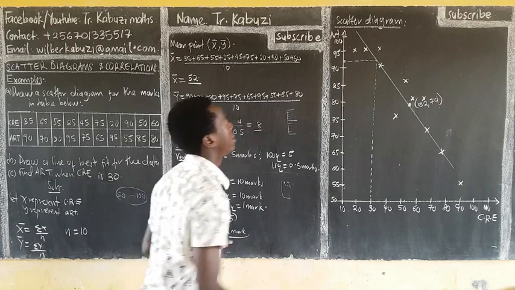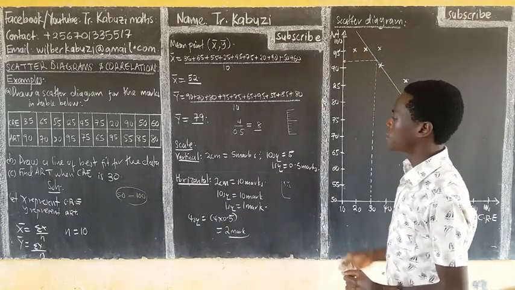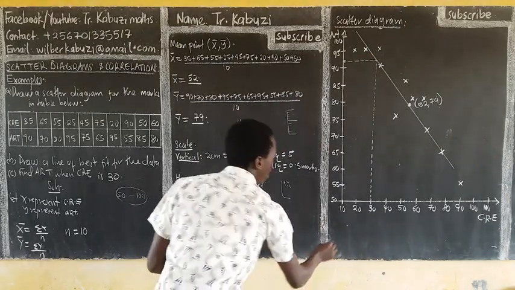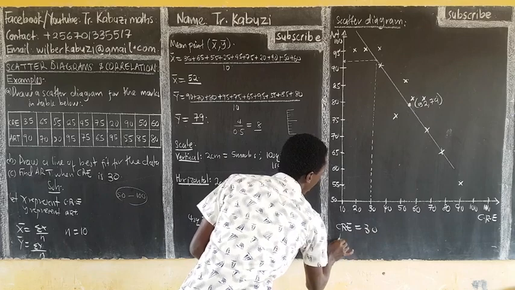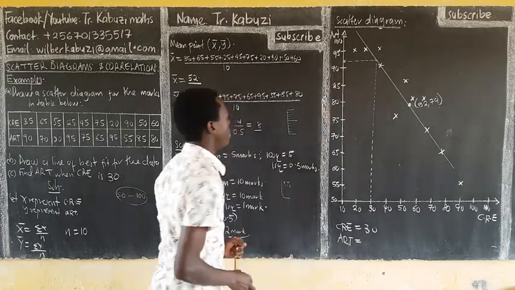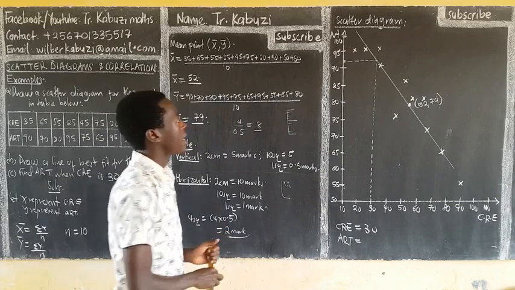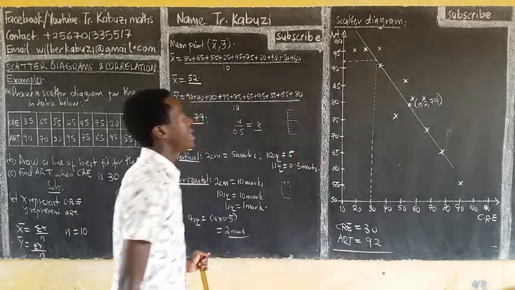So it means that now from 90, I add 2. So when CRP is 30, our art is going to be 90 plus this 2 got from here, which will give me 92, and that will be the answer.